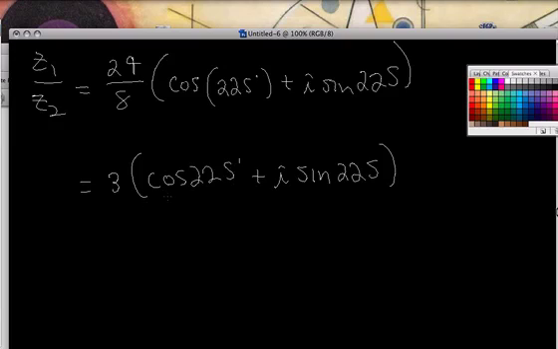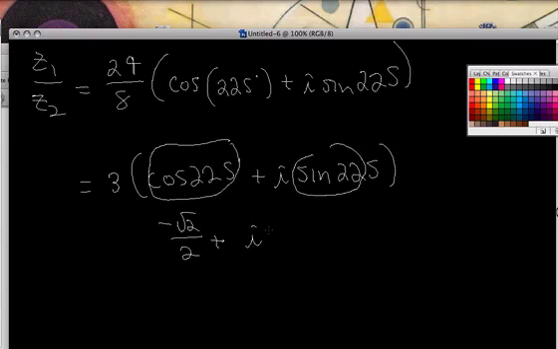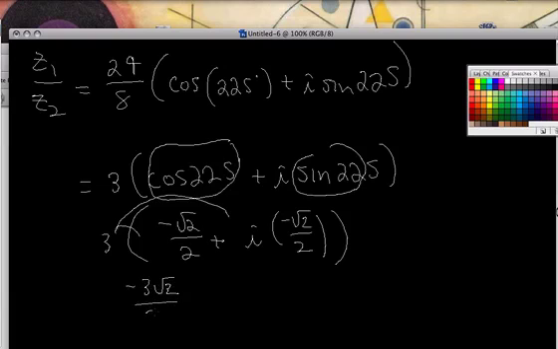If we want to write it in standard form, we can just evaluate these. Cosine of 225 is negative root 2 over 2. Sine of 225 is the same thing, negative root 2 over 2. So if we were to distribute our 3, we've got negative 3 root 2 over 2 plus, and usually whenever we're writing it in standard form, the I we're going to put on the far right.